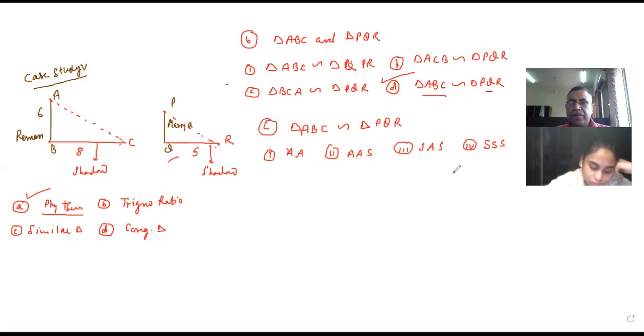See, third is the correct answer. Why? One ratio of sides is given, 8/5. 8/5 must be equal to 6/PQ. From here, you will find out the value of PQ. PQ is equal to 6 times 5/8. PQ is equal to 15/4.